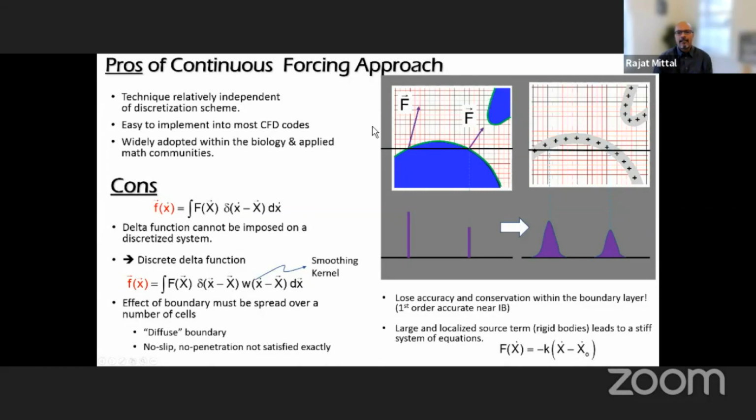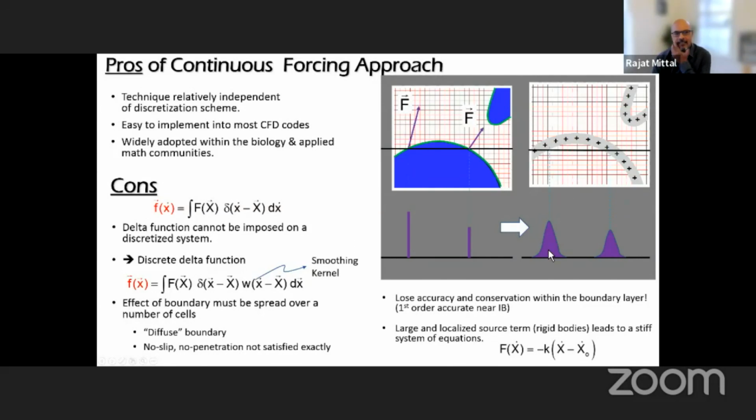If you have a solid immersed body, as I'm showing in this figure, the idea is you apply boundary conditions by adding a very localized force on this body. The problem with this is that on a finite mesh, the discrete force cannot be supported in a given location. So this force is actually diffused out, and you end up getting a more diffuse version of the immersed body.